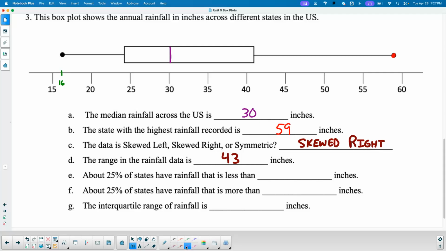That would be 50% because that's the median, right? So that purple line is the 50% line. So what are we going with? 24. I would go with 24 there also. About 25% of states have rainfall that is more than 41.